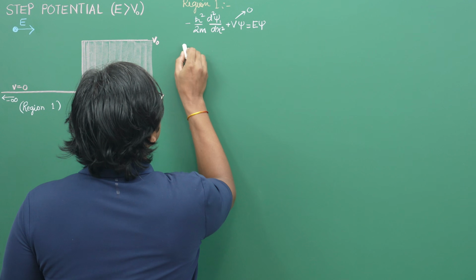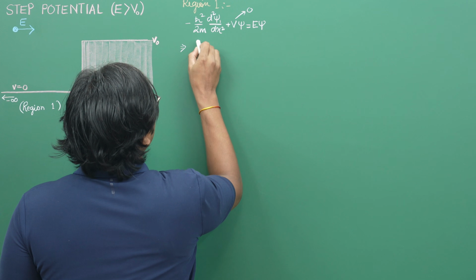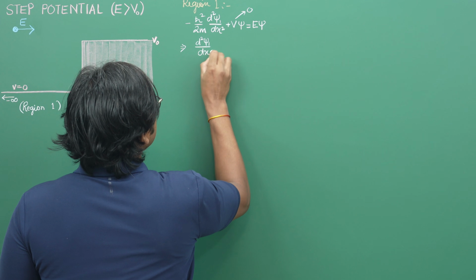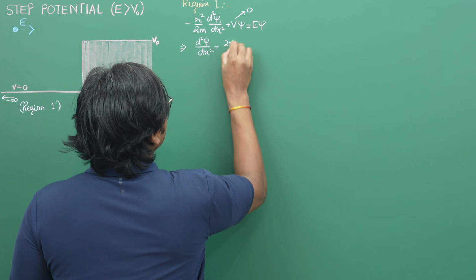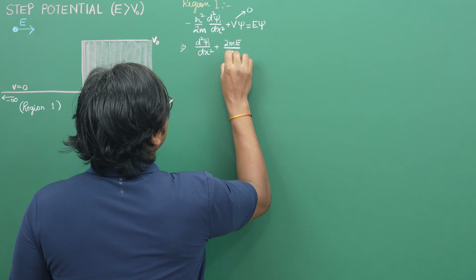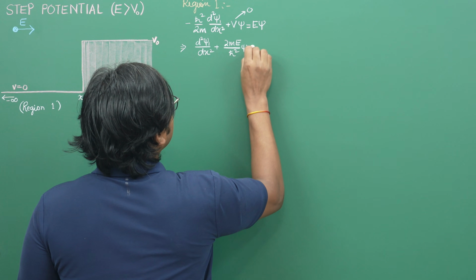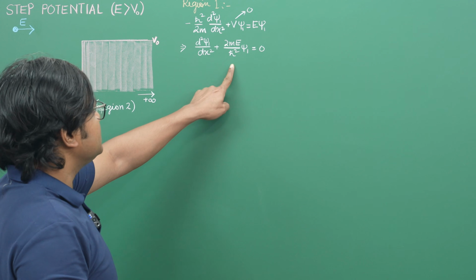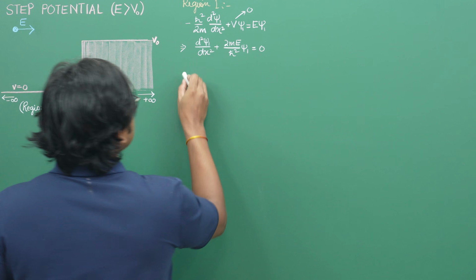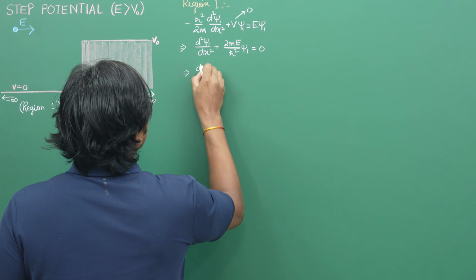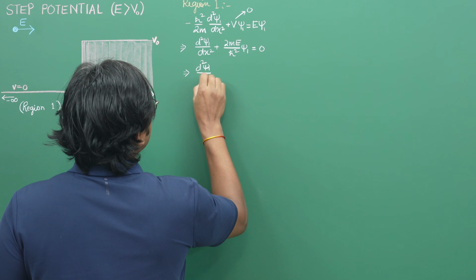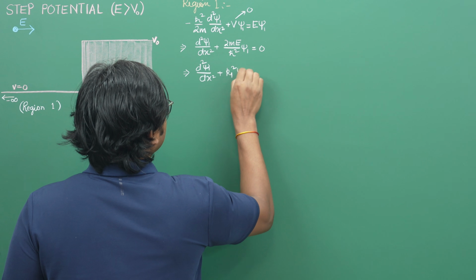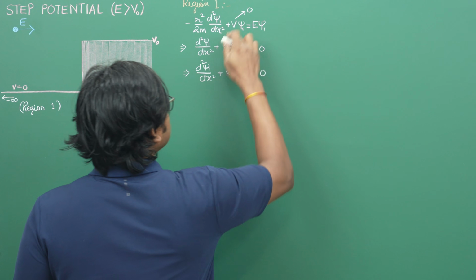Therefore, this equation simply becomes d2 psi1 upon dx2 plus 2mE upon h cross square psi1 is equal to 0. If I imagine this constant to be k1, then this equation becomes d2 psi1 upon dx2 plus k1 square psi1 is equal to 0.